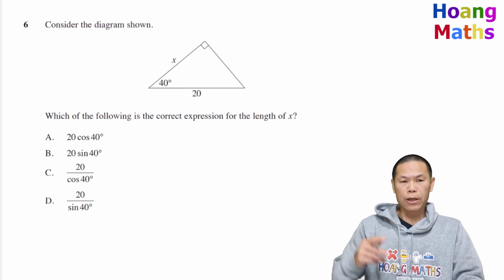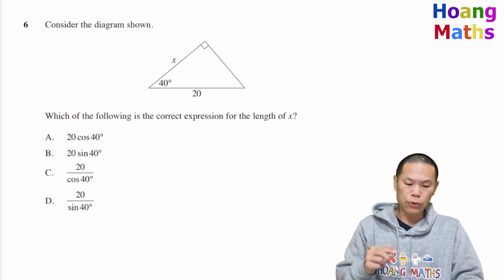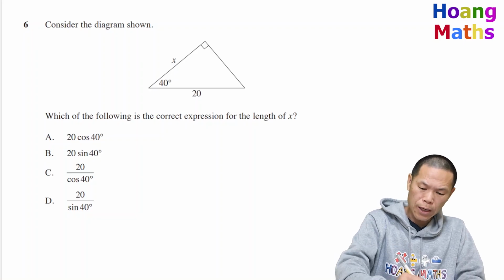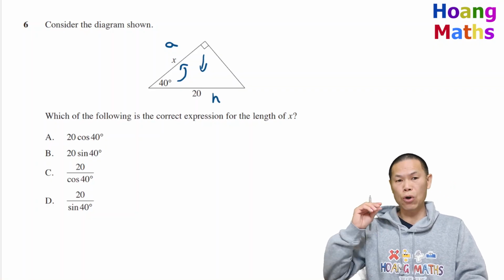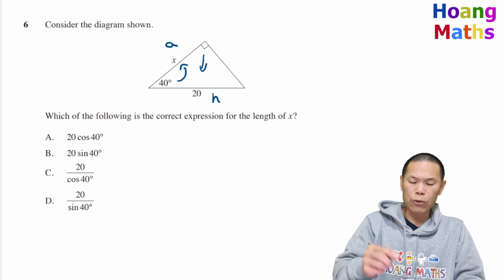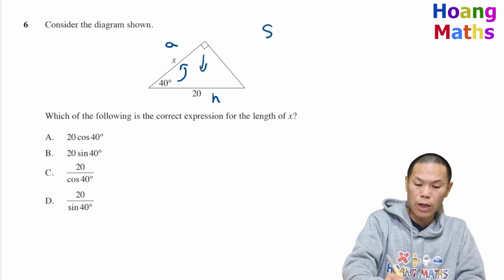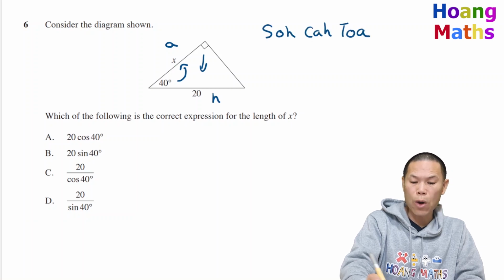Question number 6. This is a right-angle triangle. So we have the adjacent here and the hypotenuse here, because the hypotenuse is always opposite the right angle. Remember the three magic words: SOH CAH TOA.